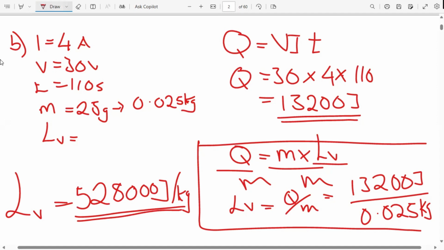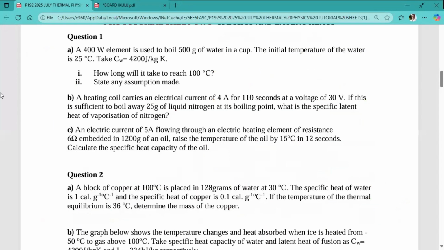So the latent heat of vaporization of our liquid nitrogen is actually 528,000 joules per kilogram. So that is all on question 1, part B. Let's move on to part C.